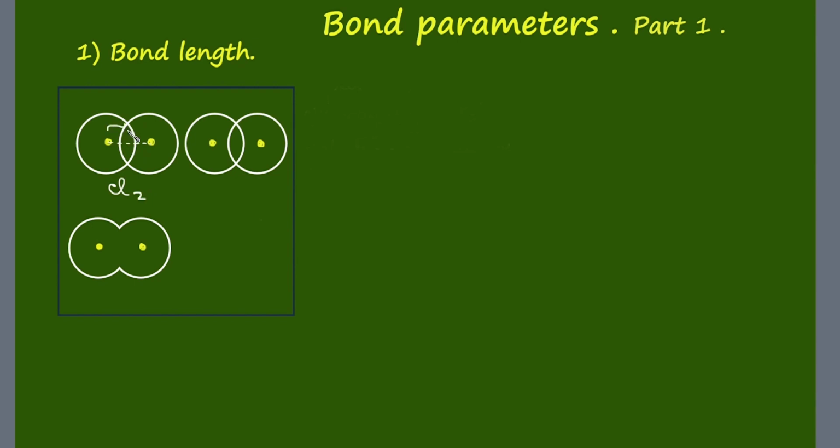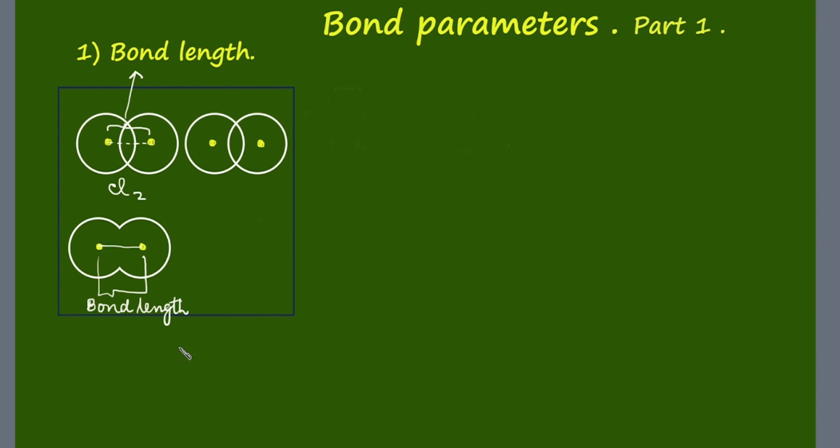It is this length which we call bond length. The boundary of the two atoms which are attached like this by this bond can be represented more clearly like this. Then this is the bond length, the distance between the centers of the two nuclei. This is the bond length.